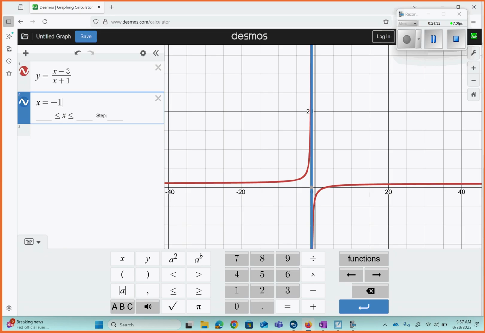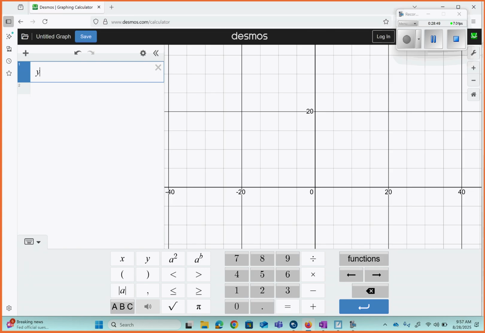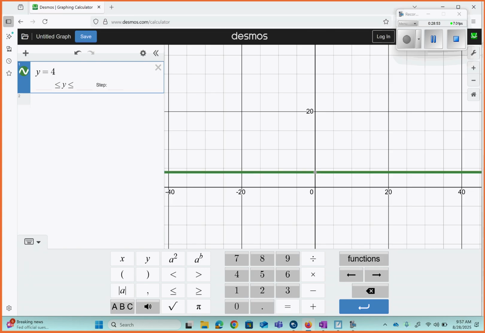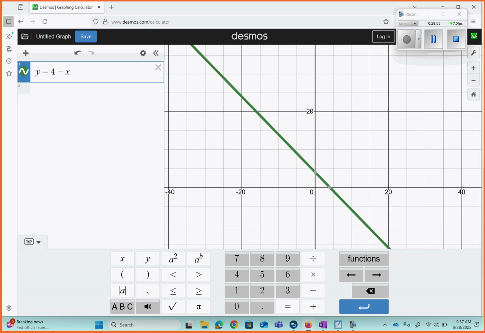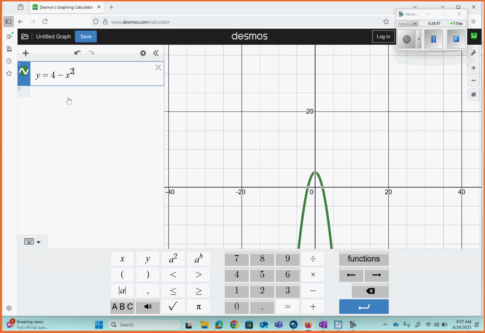All right, that last problem, that is ugly. I have 4 minus x squared equals absolute value of x plus 2 minus 3. So I'm going to have the left and the right side that I have as y equals. So I'm going to go y equals 4 minus x squared and graph that, which is a parabola.